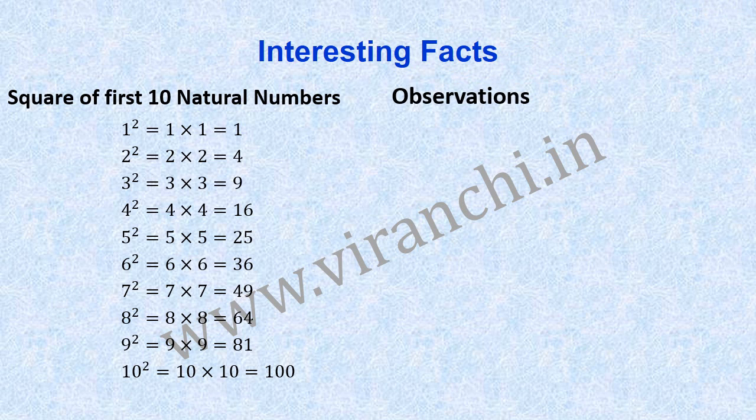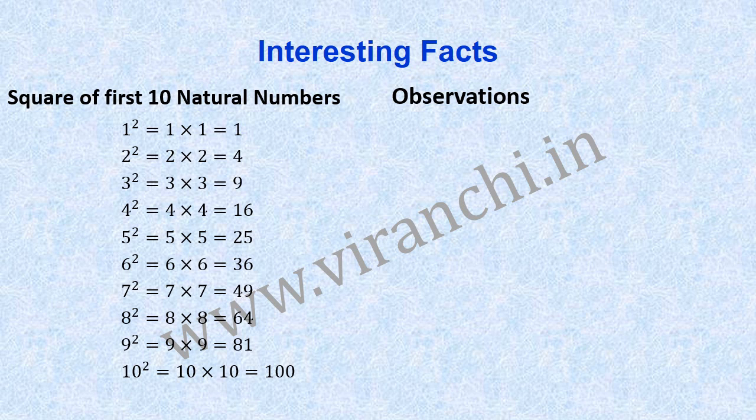Let us now note down some important observations from this list. Please pay particular attention to the last digit in all these squares. We have 1, 4, 9, 6, 5, 6, 9, 4, 1 and 0.